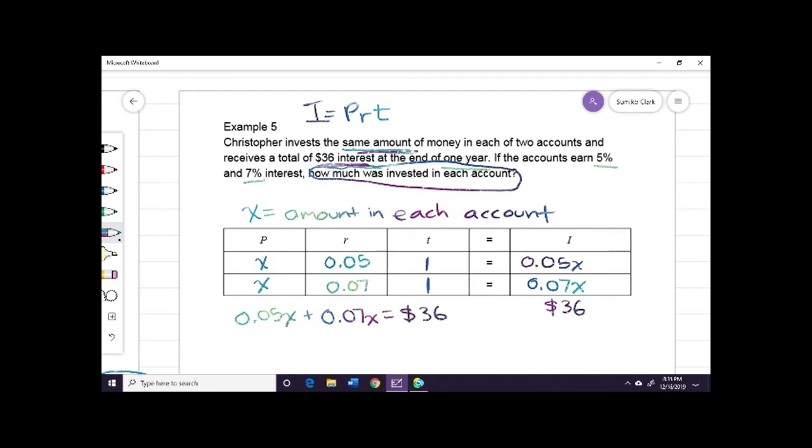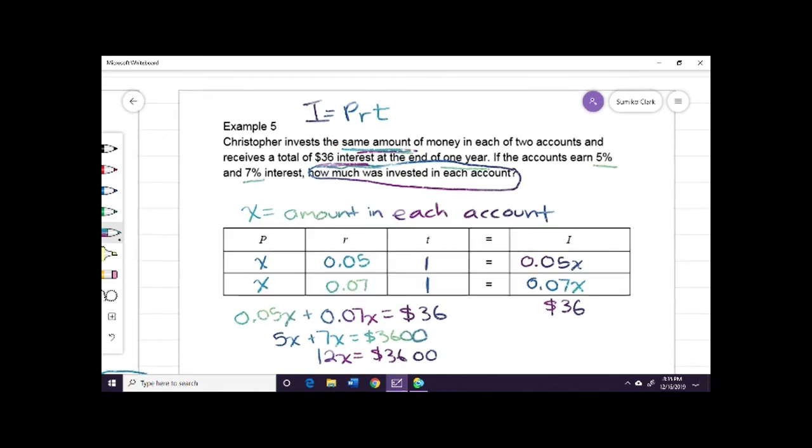So then going back to eliminating decimals, if we multiply both sides of this equation by 100, we can get rid of the decimals and rewrite this as 5x plus 7x equals 3,600. Combine like terms, 12x equals 3,600.